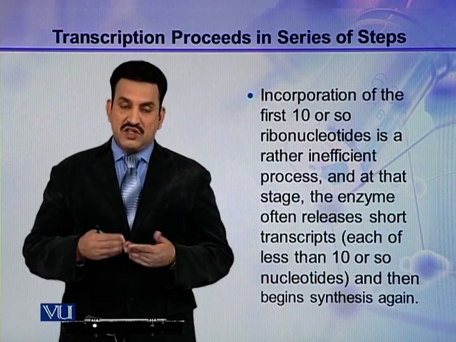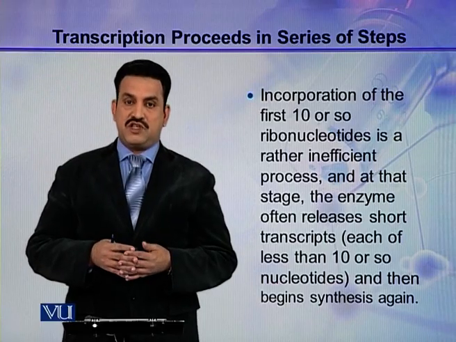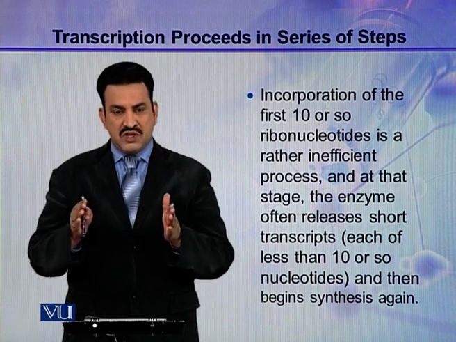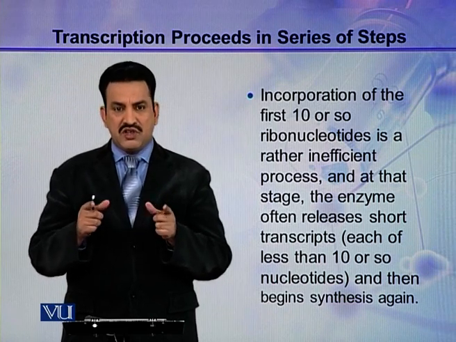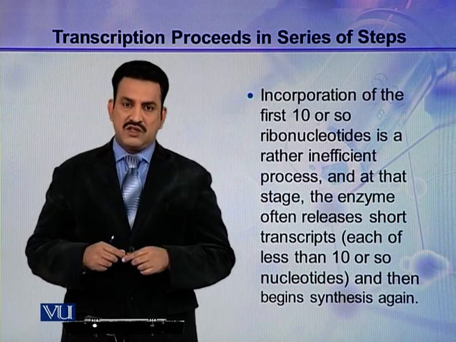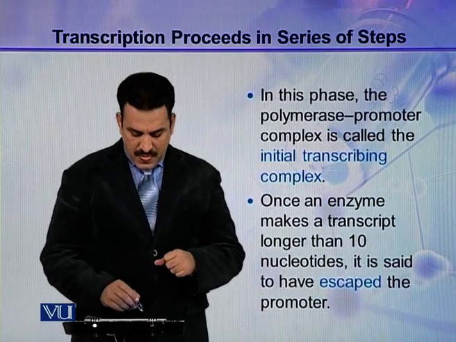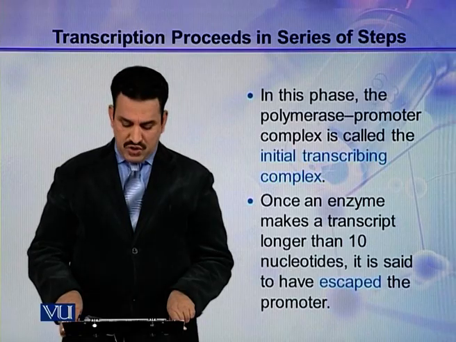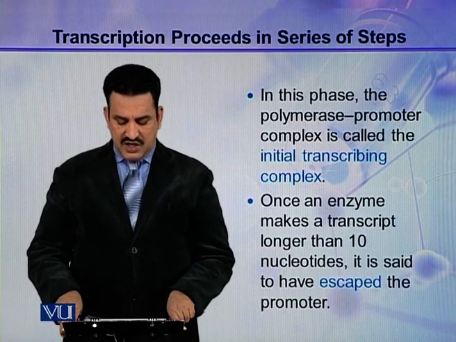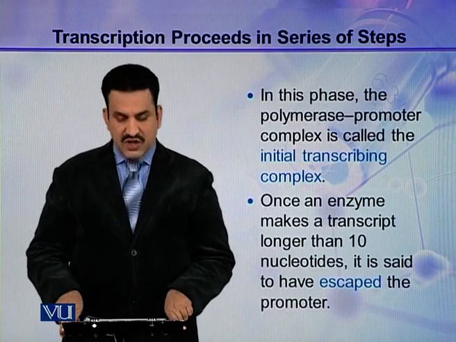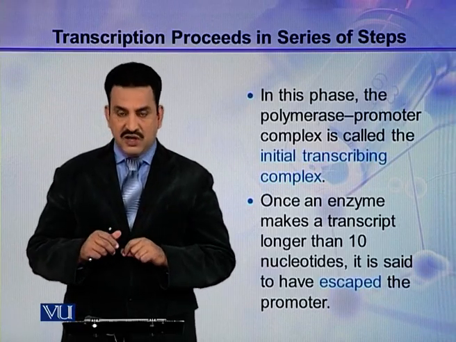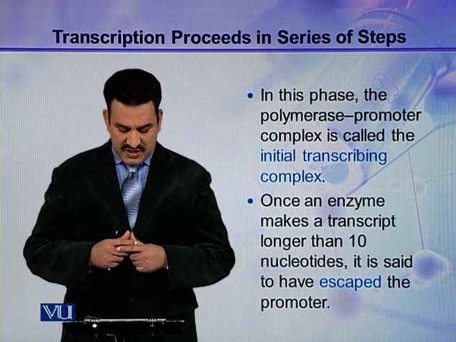And this synthesis is actual transcription. So the first synthesis of about 10 nucleotide long transcript is inefficient. In this phase, the polymerase promoter complex is called the initial transcribing complex.